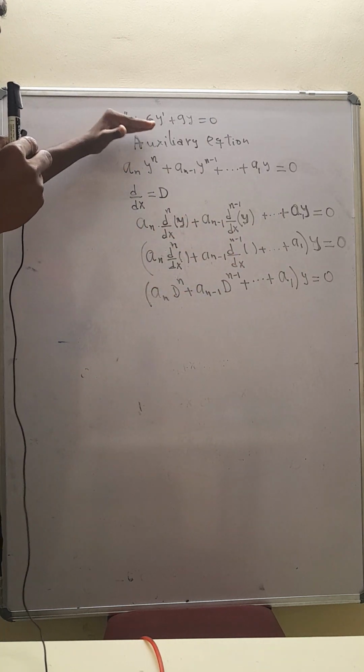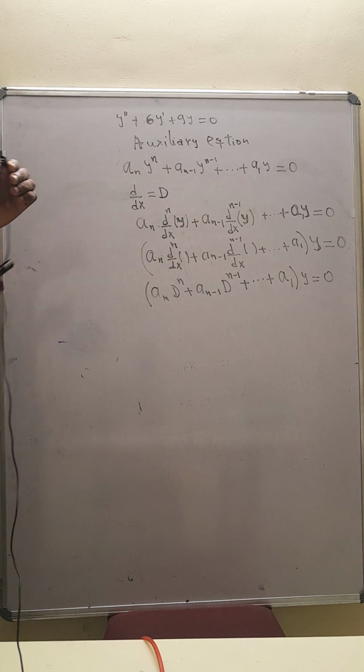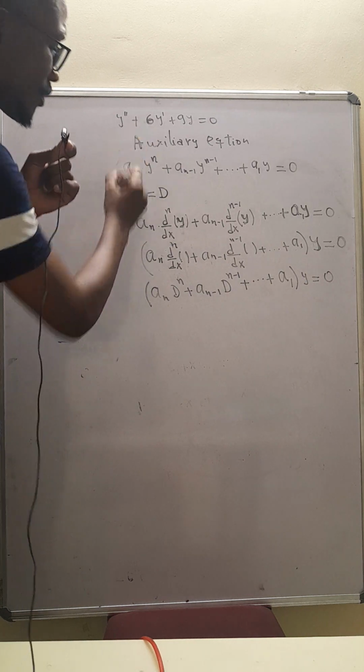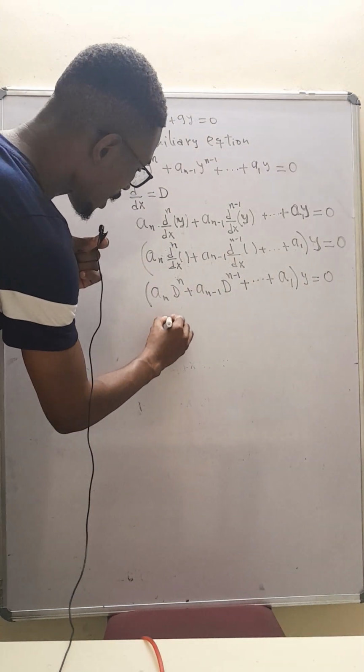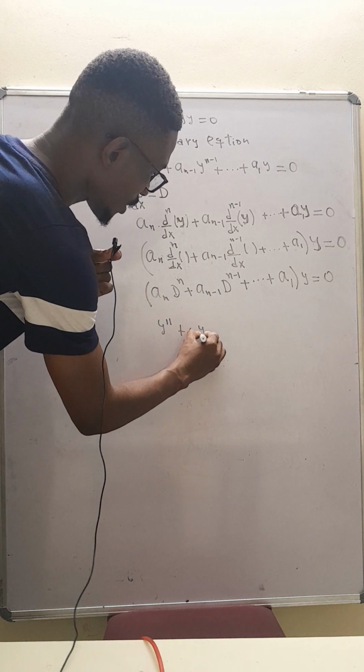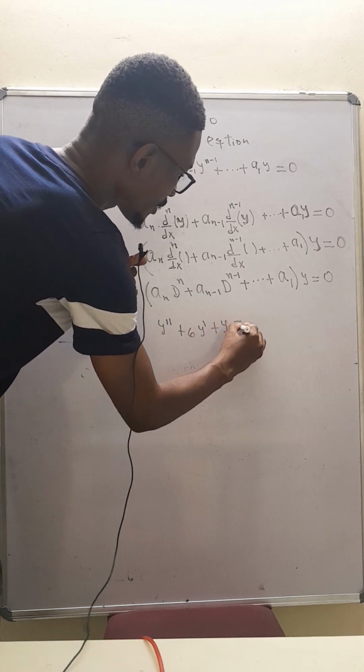Suppose for this equation, how do we write the auxiliary equation? The equation is y'' + 6y' + y = 0.